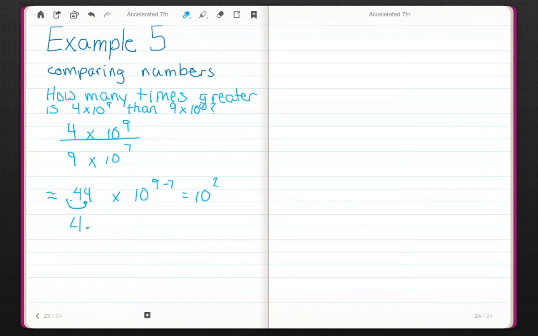So 4.4 times 10 to the first, or 4.4 times 10. I'm going to simplify that to 44. So 4 times 10 to the ninth is approximately 44 times greater than 9 times 10 to the 7th.